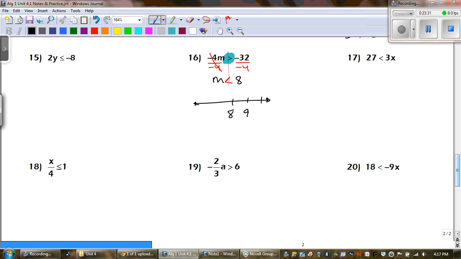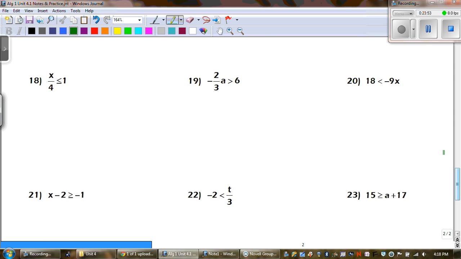Sorry. 8, 9, 10, 7, 6. Is it opened or closed? Okay, it's open. And do we shade to the right or to the left? We shade to the left. All right, number 18. What's going on to the x right there?